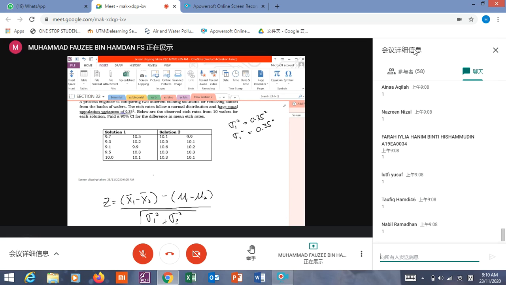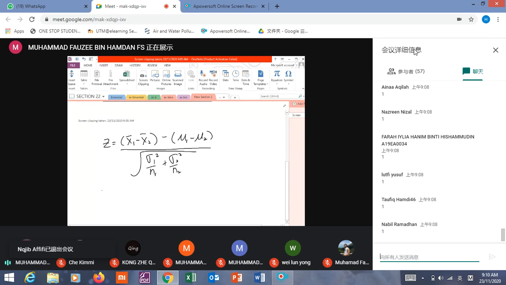But how to calculate x bar 1 and x bar 2? Because the confidence interval will be x bar 1 minus x bar 2 plus or minus z alpha over 2 times the square root of sigma 1 squared over n1 plus sigma 2 squared over n2.